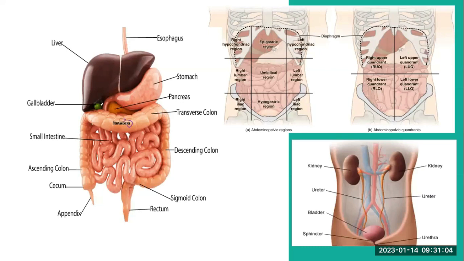When you talk about pain in the hypogastric region, you can say lower abdominal pain. That means you have pain in the lower abdomen. It's easy for the patient to understand. You don't say hypogastric region because not a lot of people understand what it is.